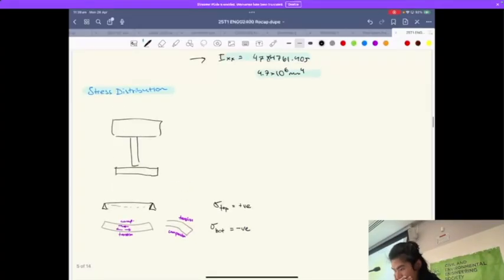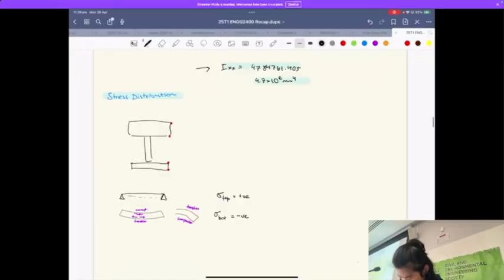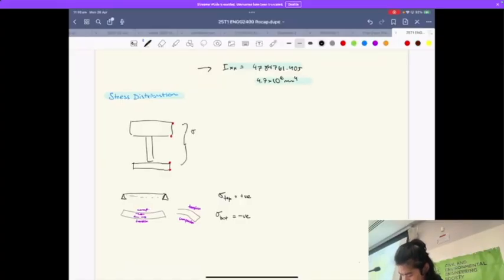So let's assess these points in particular. Here, here, here, and the original question was to find the max of the stresses out of the whole section. So let's call this A, B, C, and D. And we're going to use this formula if you're familiar with it.